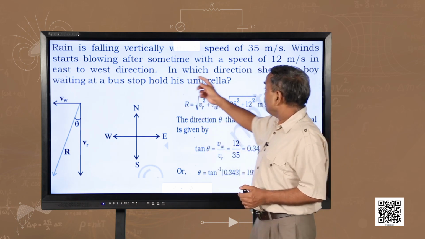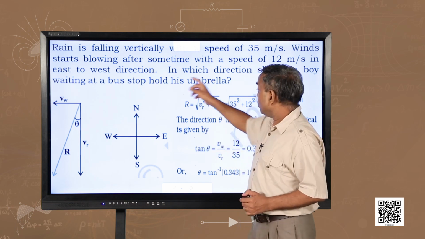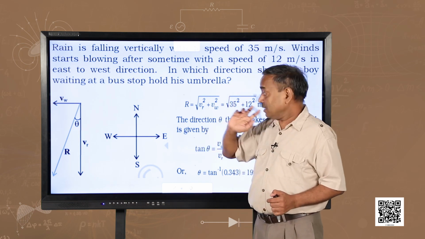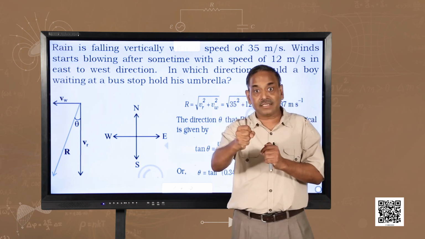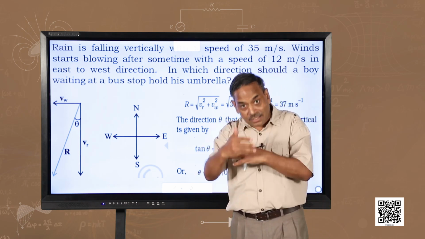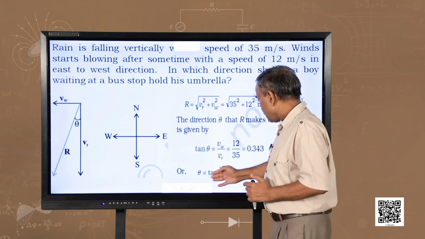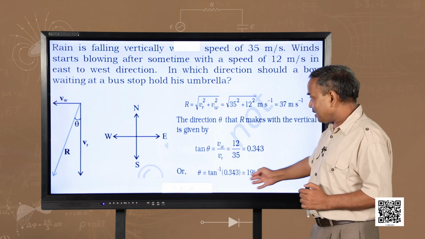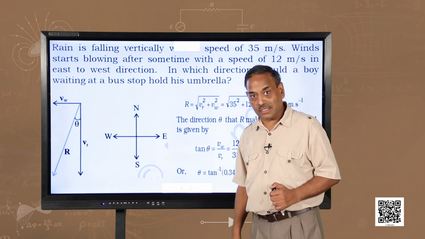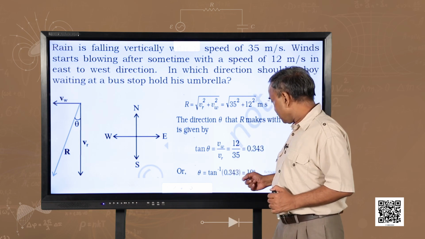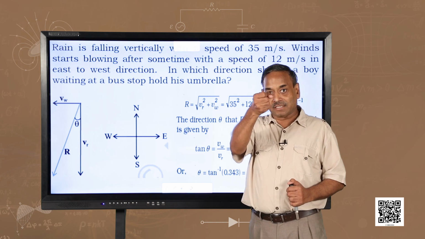Now, in which direction should a boy waiting at a bus stop hold the umbrella? Now you have to add the two vectors to find the resultant vector, and then you can find that the angle is 19 degrees. This problem is solved in your textbook, so I am not discussing it in detail. You can see that the child should hold the umbrella at 19 degrees like this.